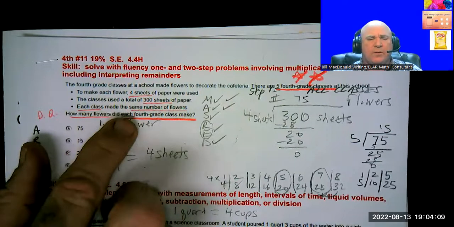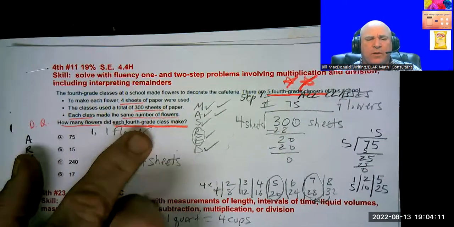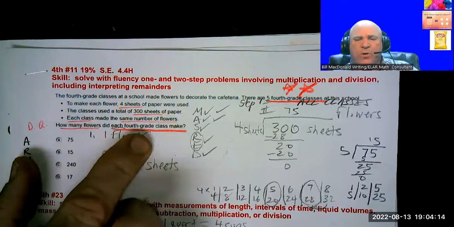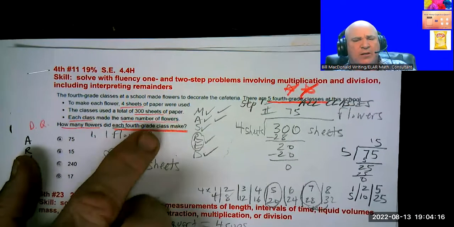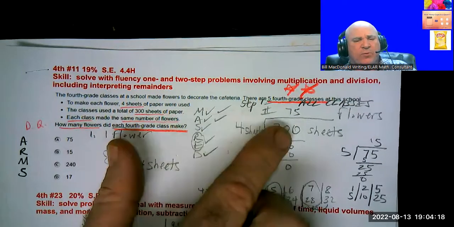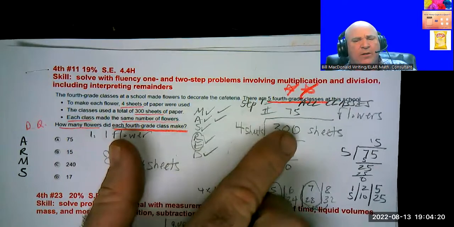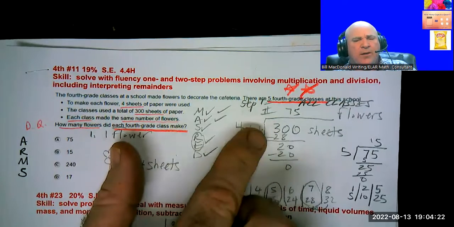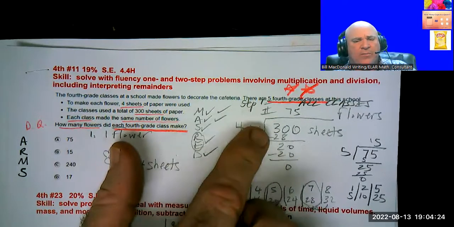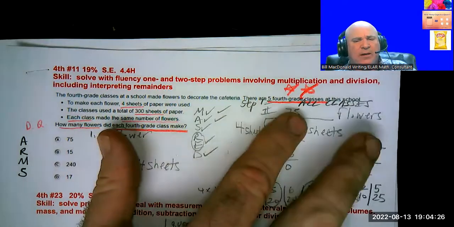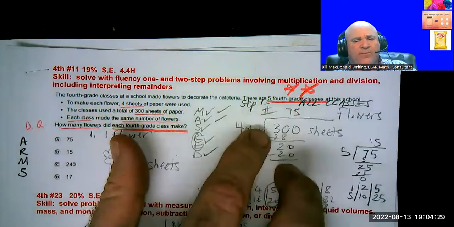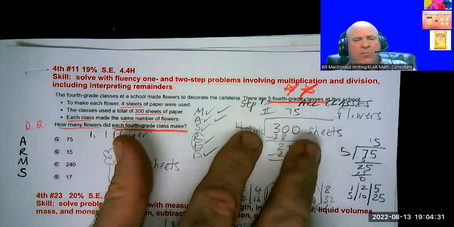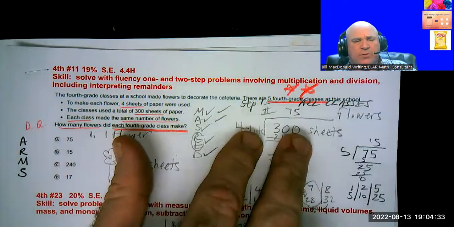So a lot of students struggle since we have the keyword 300 sheets and there's 4 sheets for every flower. The first thing you would say, well, what is the number of flowers that I would need for all 5 classrooms? So step 1, all of the classrooms, okay?